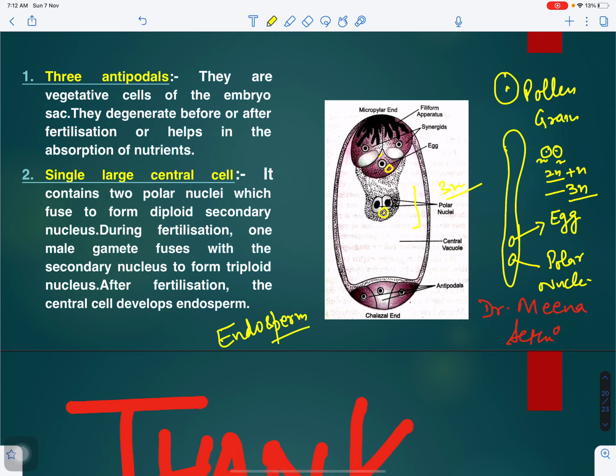So the egg which is fertilized will develop into the embryo, and the polar nuclei after fertilization become triploid and will develop into the endosperm. So this is about the functions of polar nuclei, antipodal cells, and synergids, which are helping the female gametophyte in the fertilization process. So this is all about the structure of the monosporic embryo sac.